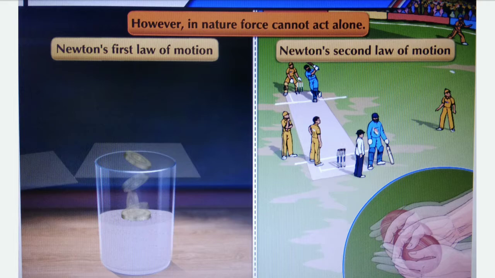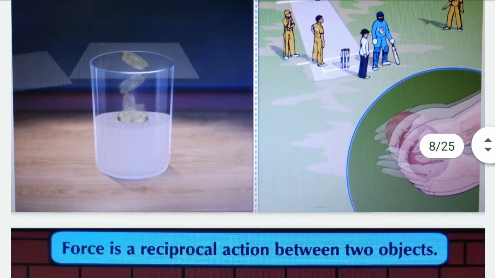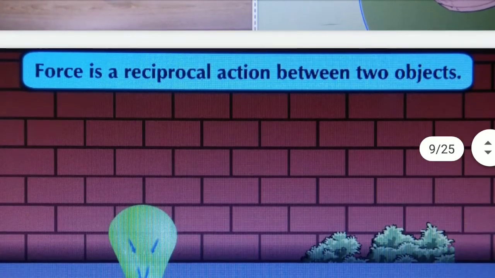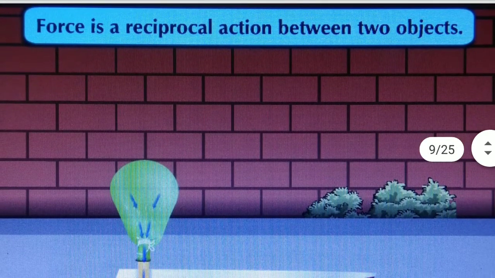If we strike the cardboard, the coin falls down in the glass and the cardboard is thrown away. In Newton's second law of motion, we studied ball throwing, catching, etc. Force is the reciprocal action between two objects.